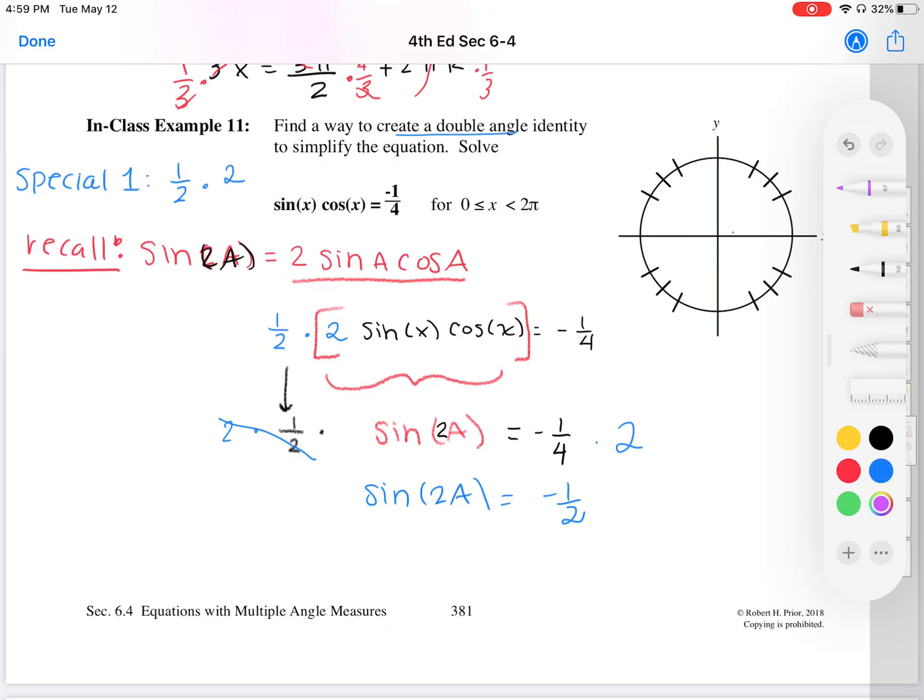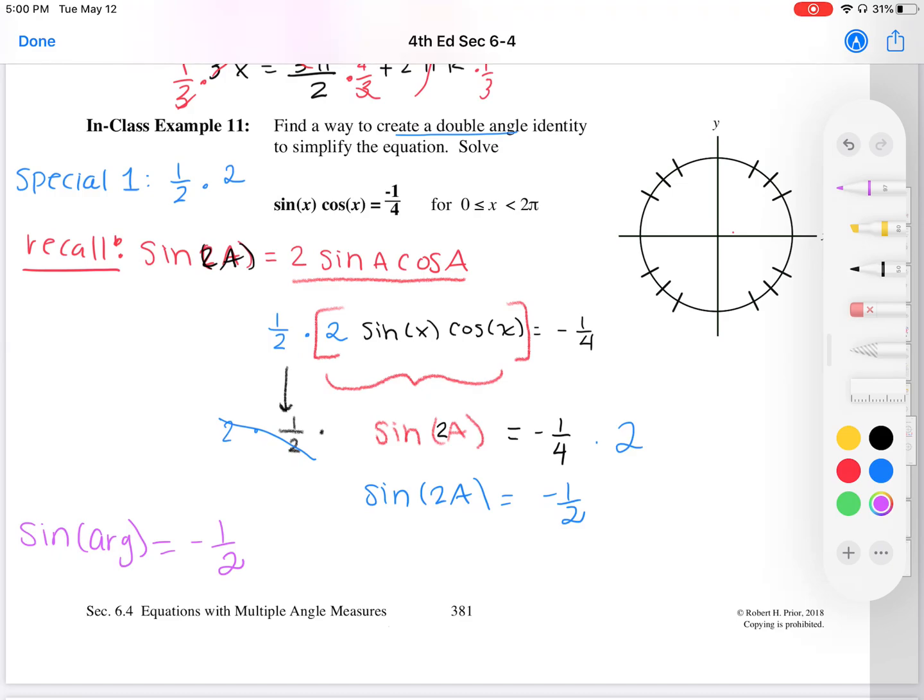Let's do the arg thing. Sine of arg is equal to negative 1/2. When is sine negative 1/2? It happens in quadrants 3 and 4.